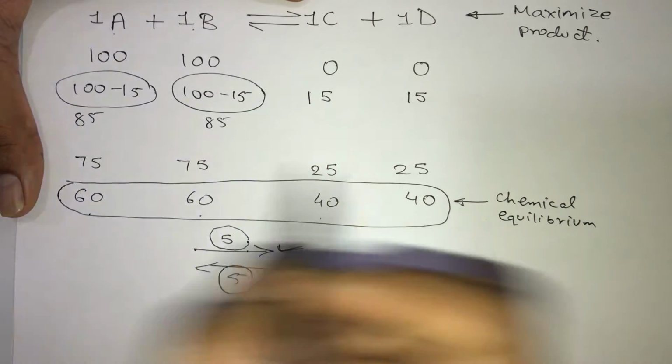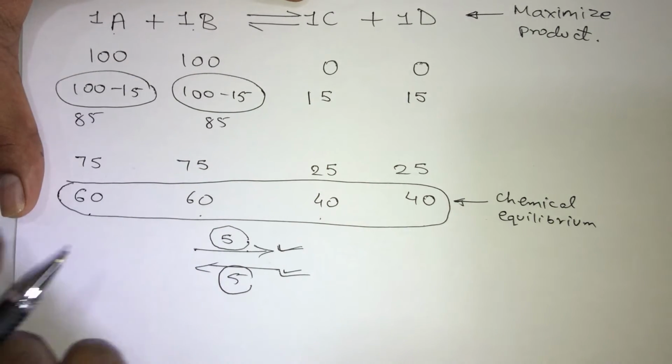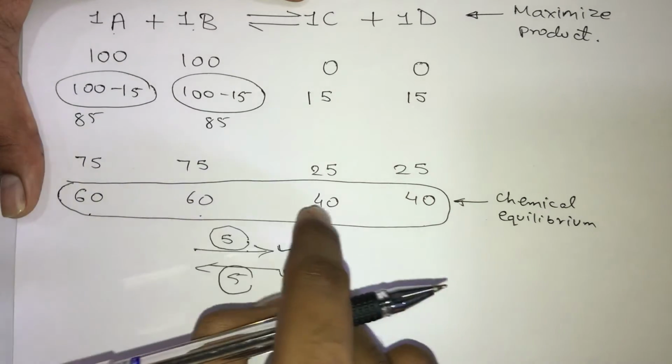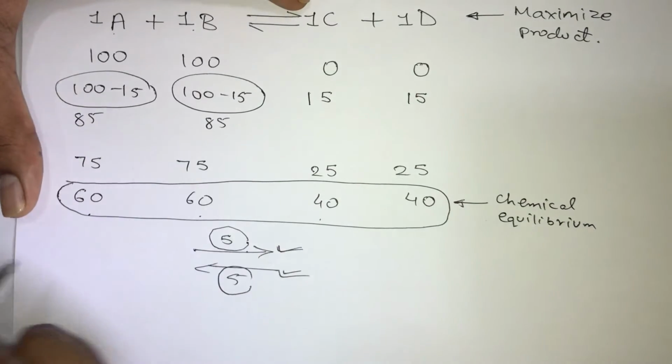Now at chemical equilibrium, we will always have 60 moles of A, 60 moles of B, 40 moles of C and 40 moles of D.